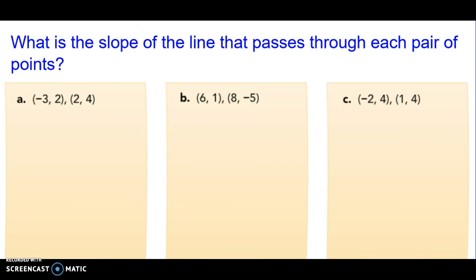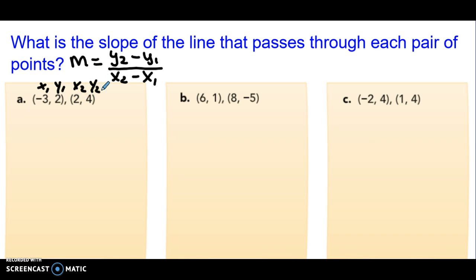What is the slope of the line that passes through each pair of points? So remember, I'll put the formula here. M equals y2 minus y1 divided by x2 minus x1. So let's go ahead and label our ordered pairs: x1, y1, x2, y2.